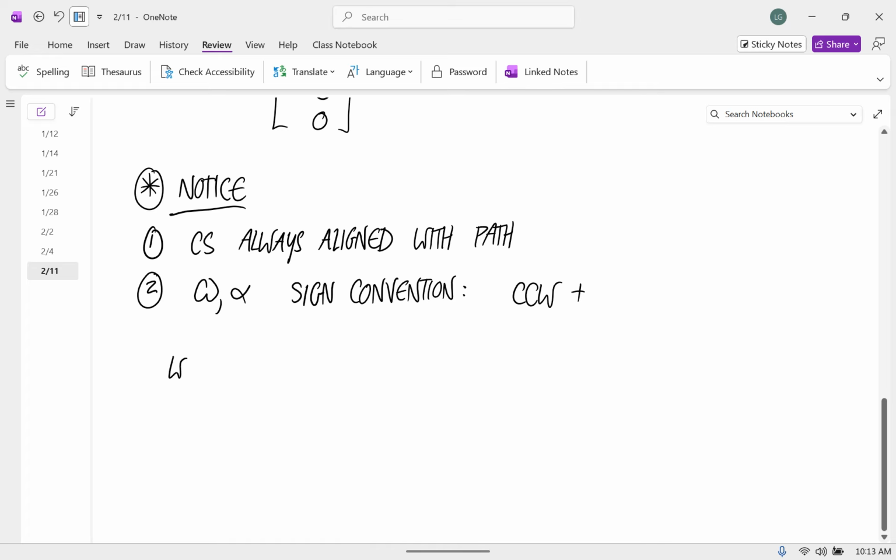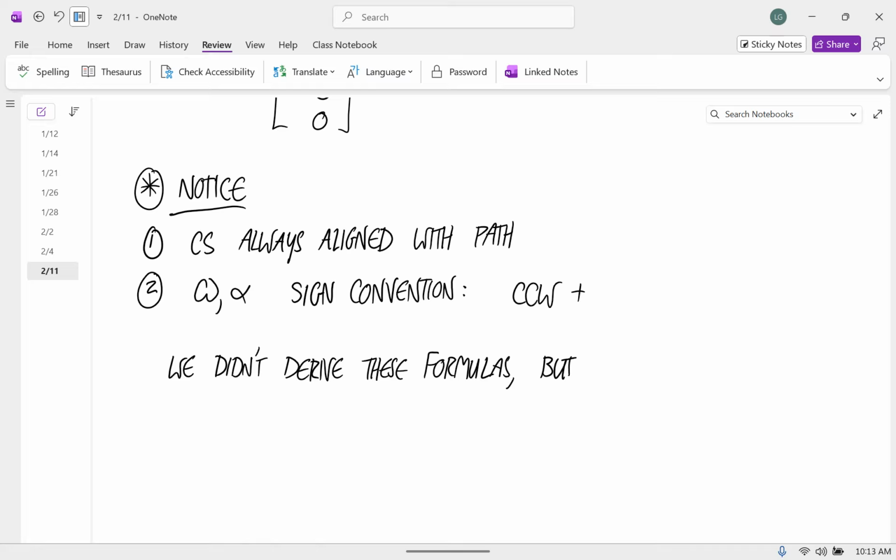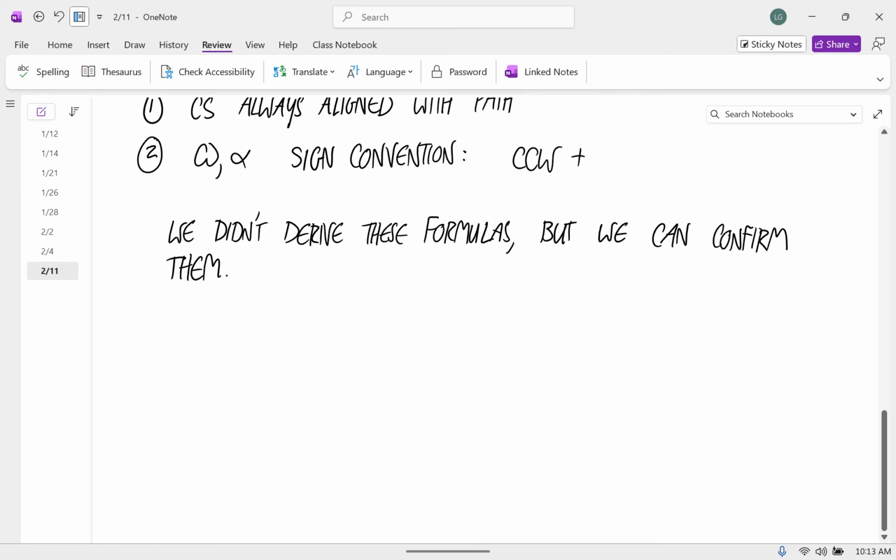Okay, we didn't derive these formulas. But we can confirm them. So to do that, let's think of, I'm just going to put it on a flat surface.